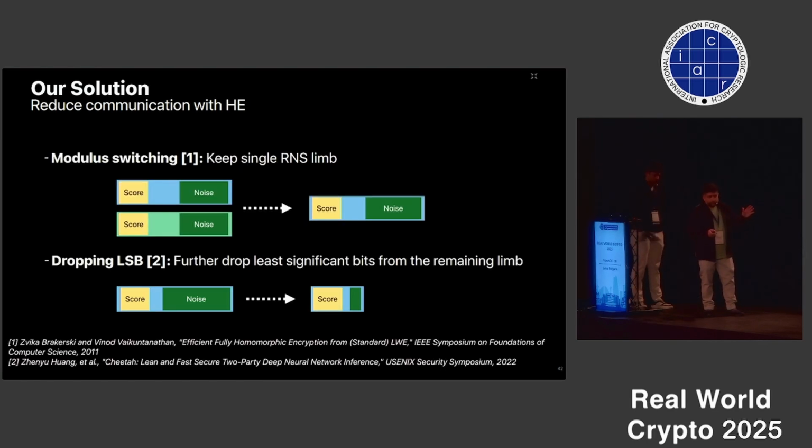So first we use a standard technique of modulus reduction, which allows us to get rid of one of the RNS limbs in the response ciphertext. Then we further drop the least significant bits of the remaining limb. Note that dropping these bits does not affect the security of the ciphertext at all. However, it introduces some decryption error, but we carefully monitor this decryption error and only drop the bits when the decryption error is almost negligible.